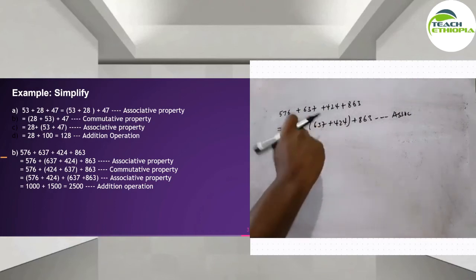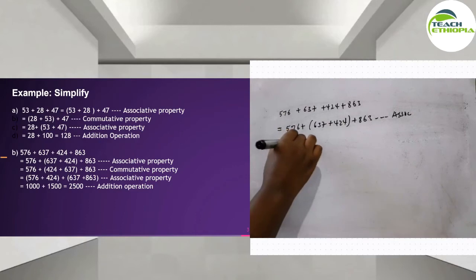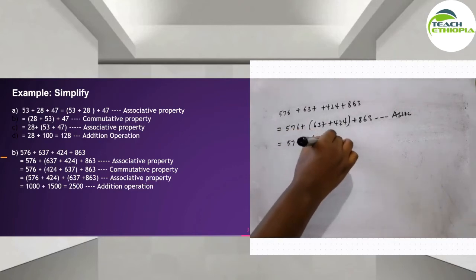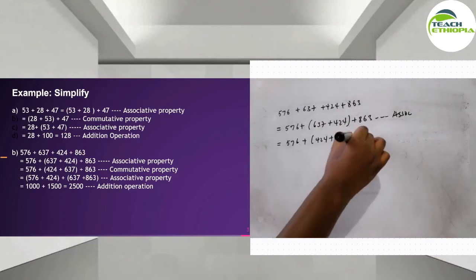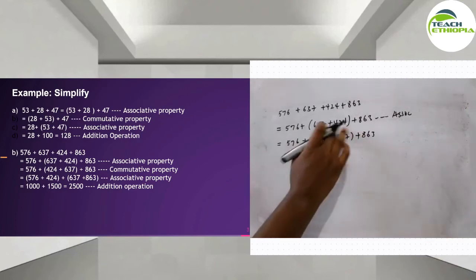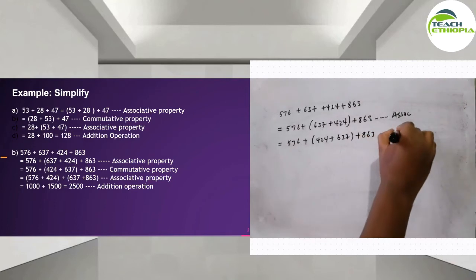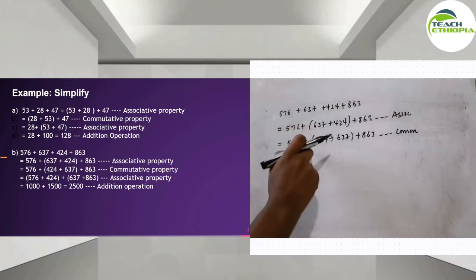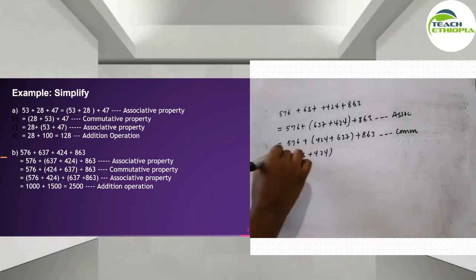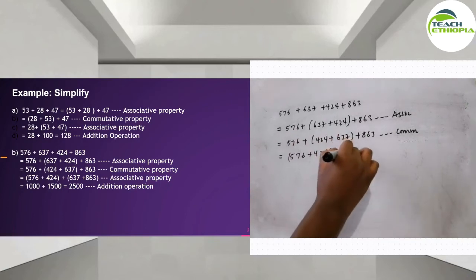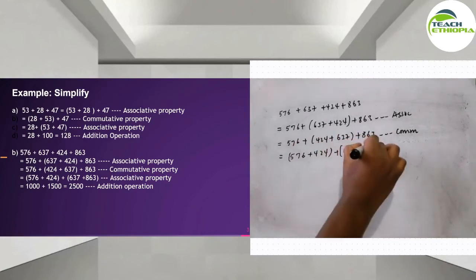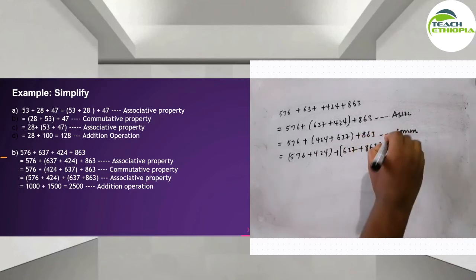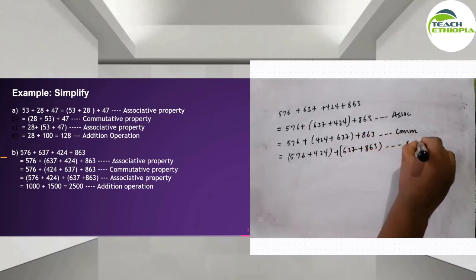እነዚህ ስናቀያይራቸው ሲሚላር የሆነ ነገር የሚሰጡን አለ 576 plus 424 plus 637 plus 863 ሁለቱም ብናቀያይራቸው which means this is commutative property. Similarly እቺኛውን ፓርት ለብቻ ብንወስድ this 576 plus 424 plus ከዛ በኋላ 637 plus 836 this is associative property.